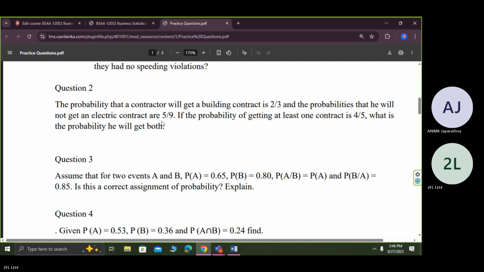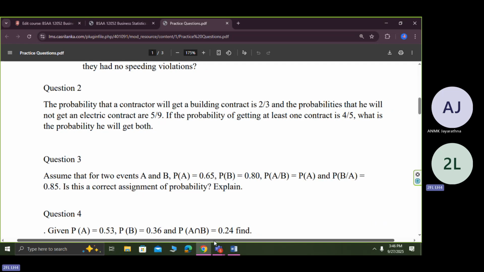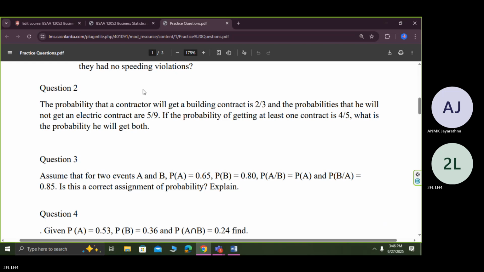Okay. Before moving to the next theory part, try question number 2.